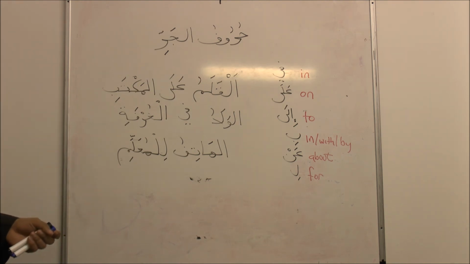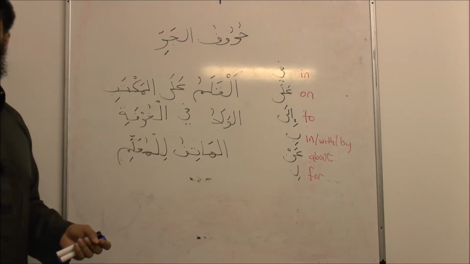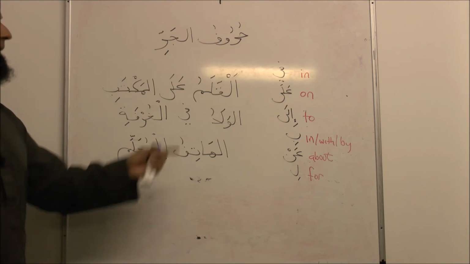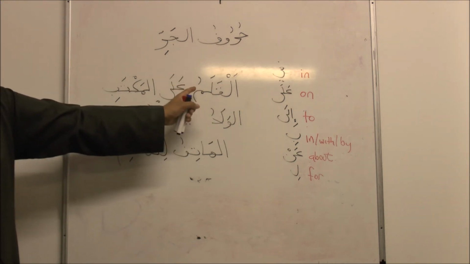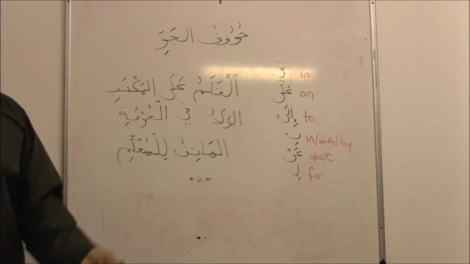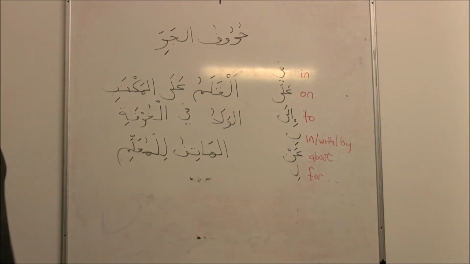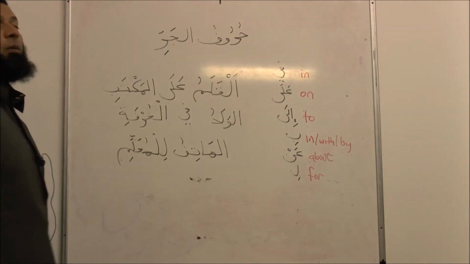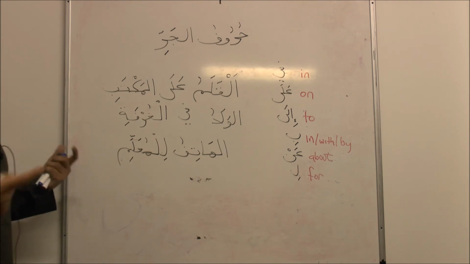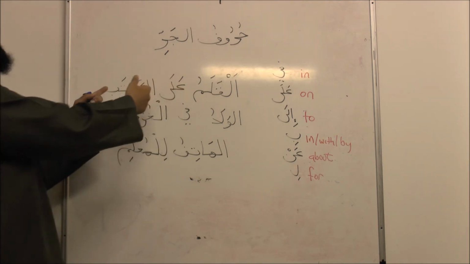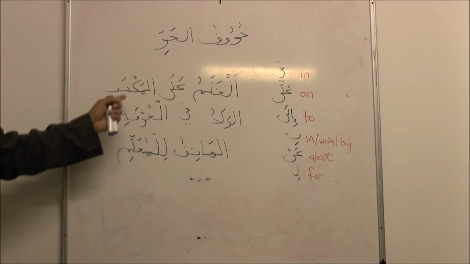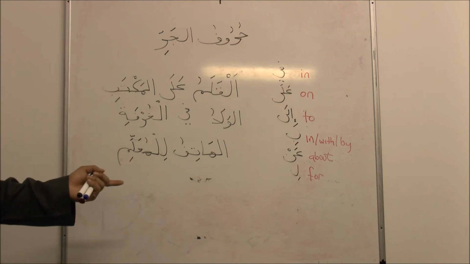Remember the two parts of al-jumlatul ismiyya, al-mubtada'u and al-khabaru. The beginning, al-mubtada'u, and then the information. And that makes sense, doesn't it? Because the beginning is al-qalamu, and what information about al-qalamu? Al-maktabi, on the desk.